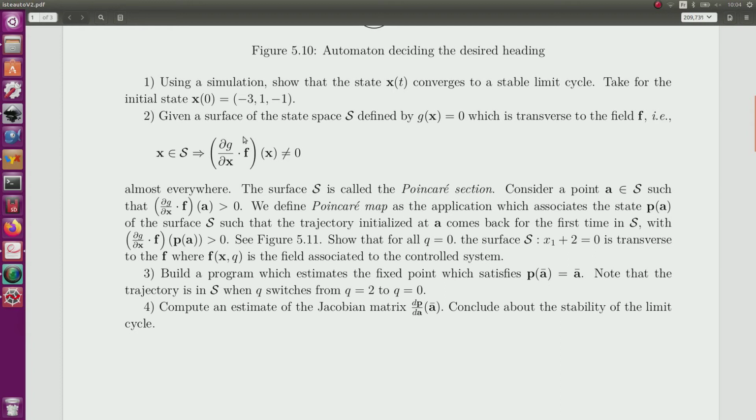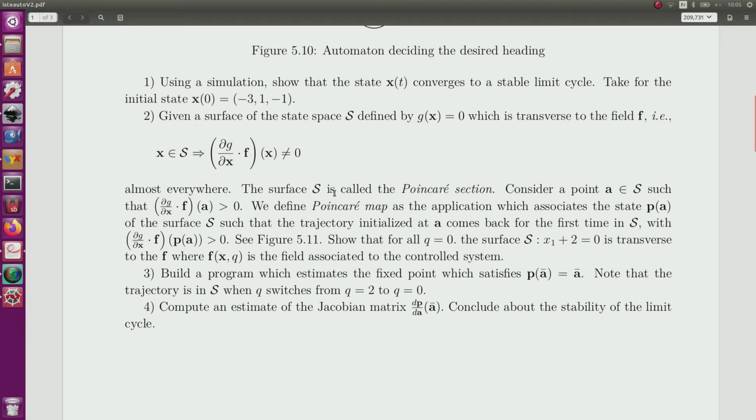Question number 2. I take a surface in my state space of dimension n minus 1, where n is the dimension of my state space, which is given by an equation g of x equal to 0. So x is of dimension n and g of dimension 1. We say that it is transverse to f if x belonging to the surface implies that the trajectory is transverse to the surface. I will explain this just later.